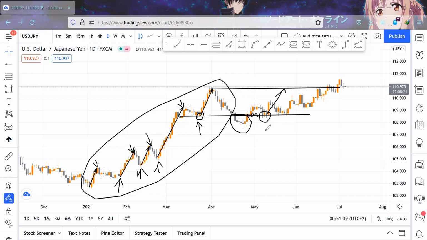For you to be able to enter a trade and say that this is a valid retest, you need to use the lower timeframes for your structure. That's why I said this timeframe is only going to be used for directional purposes, right? Let me clear this out.